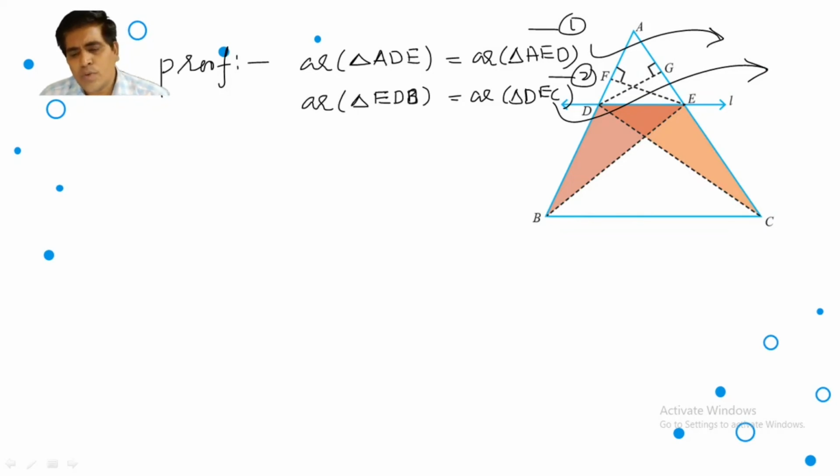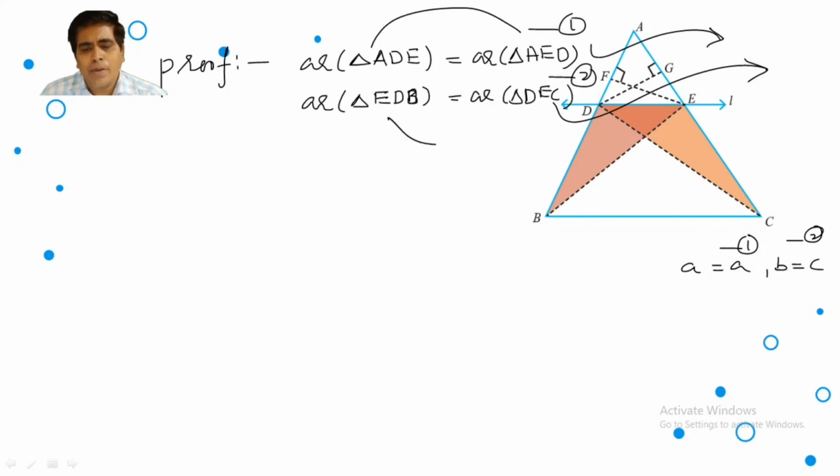Now, what is the situation we got? A is equal to A, as well as we got B is equal to C. So these are the two situations we got here.